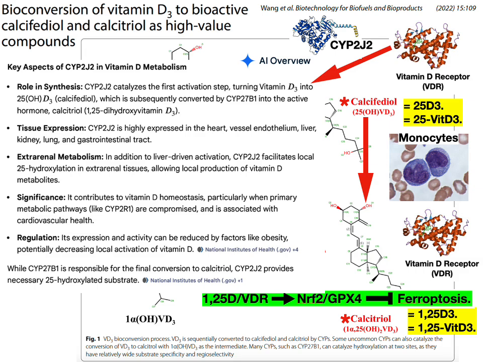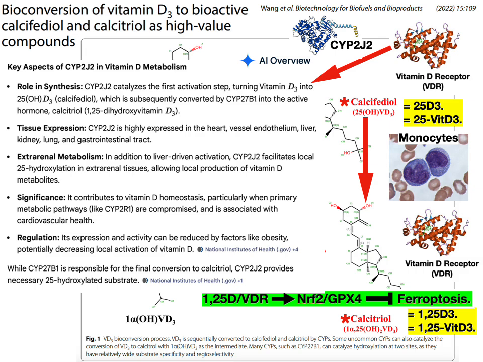Regulation. The expression of CYP2J2 and its activity can be reduced by factors like obesity, potentially decreasing local activation of vitamin D. What is local activation of vitamin D? That's hydroxylation. Again, it's very important to specify which hydroxylations are occurring.